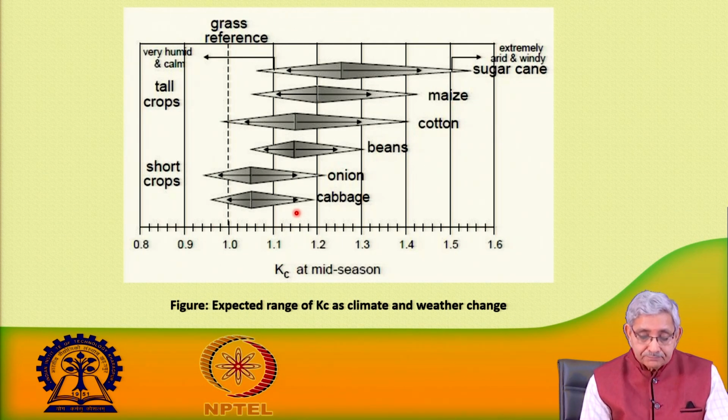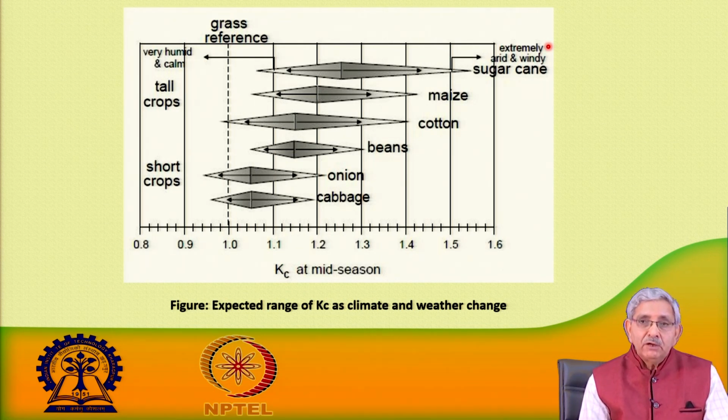And when we go to the taller crops, say cotton, maize or sugarcane, particularly in extremely arid and windy conditions, the Kc value goes high.